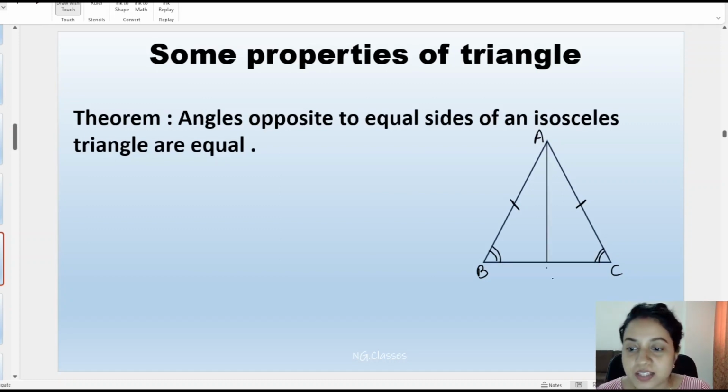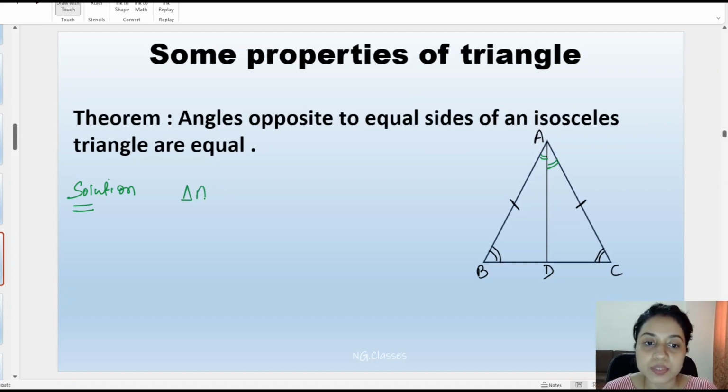So let's say we have constructed a straight line AD which works as a bisector of angle A. That means angle BAD is equal to angle DAC according to the construction. Now here we can see two triangles, that is triangle ABD and triangle ACD.